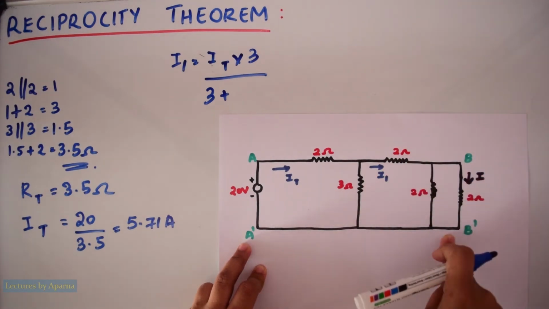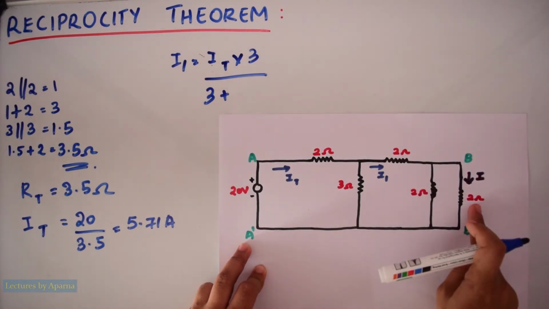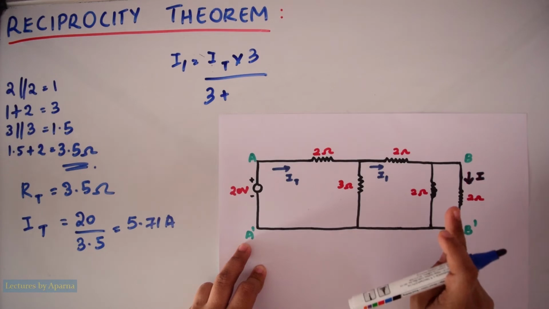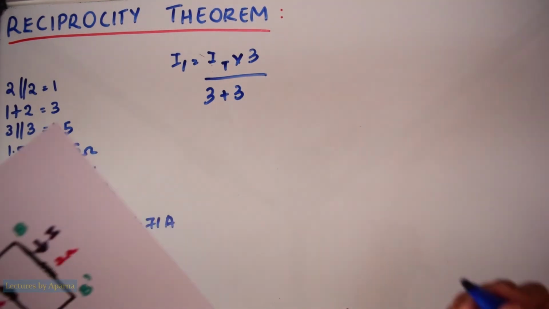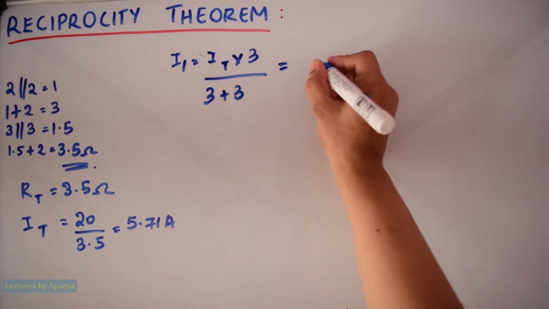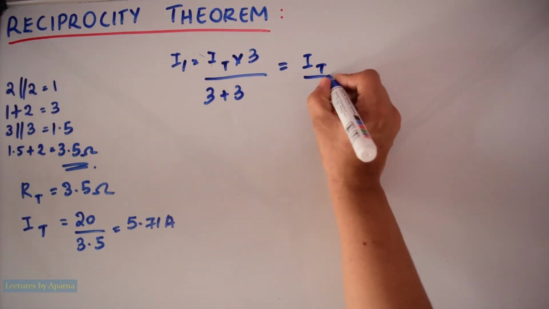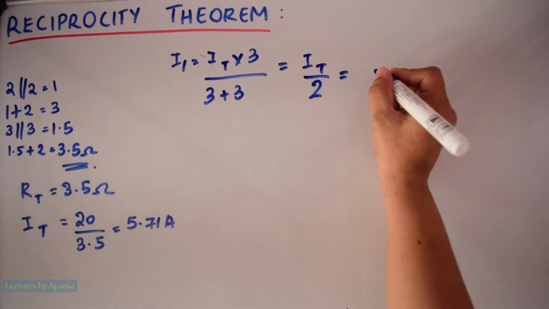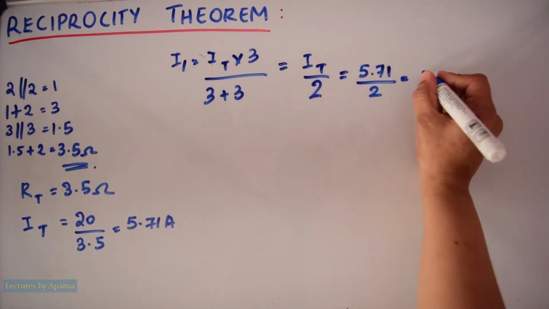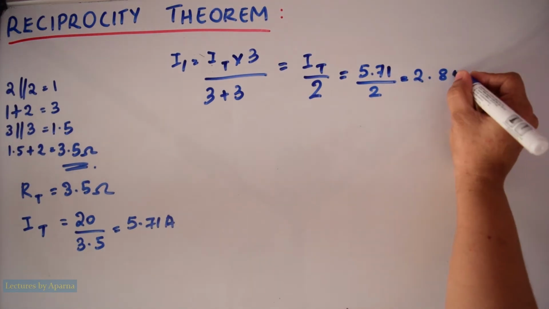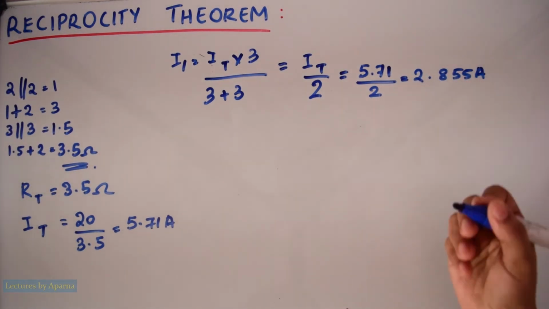In this branch the resistance is this 2 parallel to 2, that will give 1 ohm, 1 plus 2, 3 ohm. So this 3 ohm. We will get IT by 2, that is equal to 5.71 divided by 2, which is equal to 2.855 ampere.